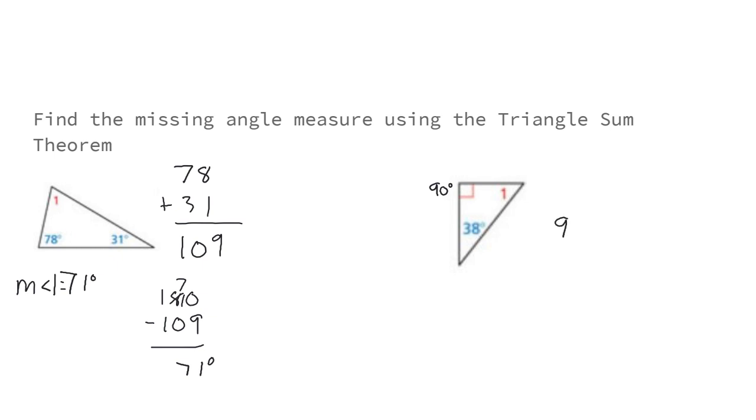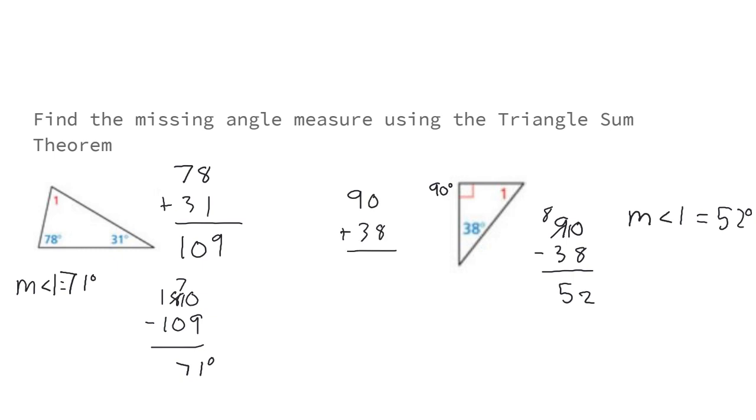So if you have a right angle, then you just subtract your other angle from 90, and you can find it the exact same way. This ends up being 52 degrees. You could do it the exact same way that we just did. You could add 90 plus 38, and then subtract it from 180. That works perfectly as well.